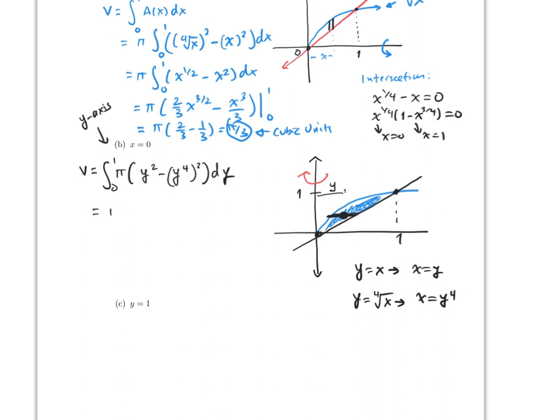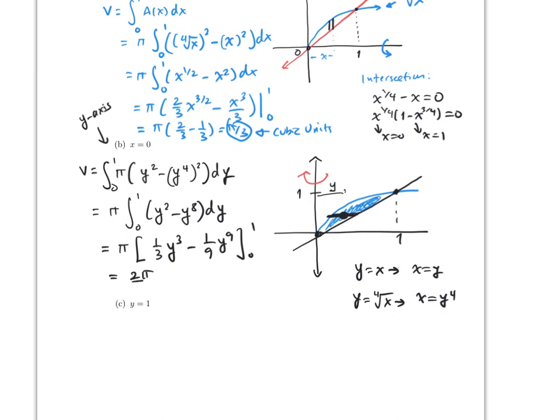So this will be pi, the integral from 0 to 1 of y squared minus y to the 8, which again is a pretty easy integral. So it will be pi times 1/3 y cubed minus 1/9 y to the 9, from 0 to 1. And you can check that this is just 2 pi over 9.